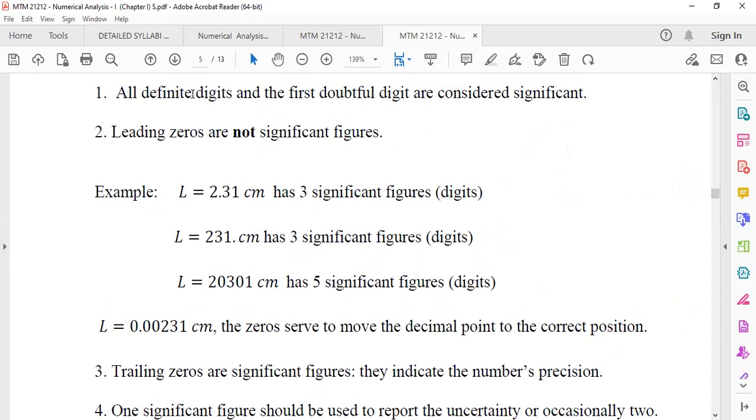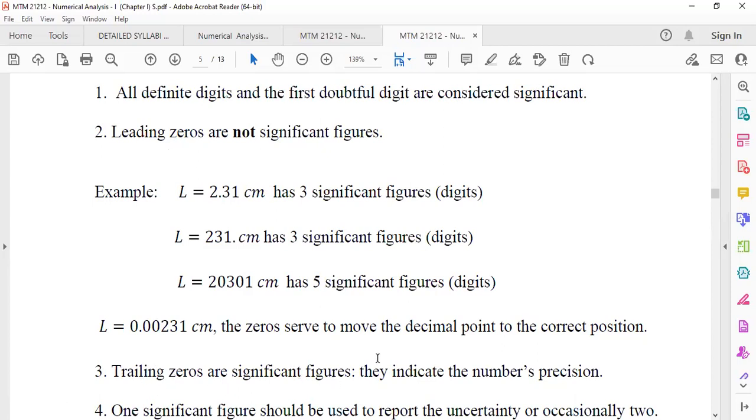All definite digits means non-zeros are considered significant. But the leading zero means the zeros coming at first. It is not countable as a significant figure. Then the third one, trailing zero. Trailing zero means coming at the back. After the non-zero elements, if there are more zeros, it is called trailing, ending zeros.